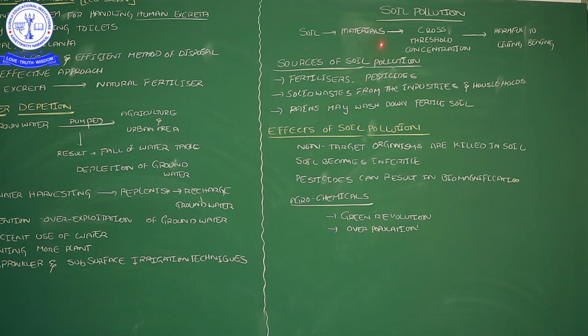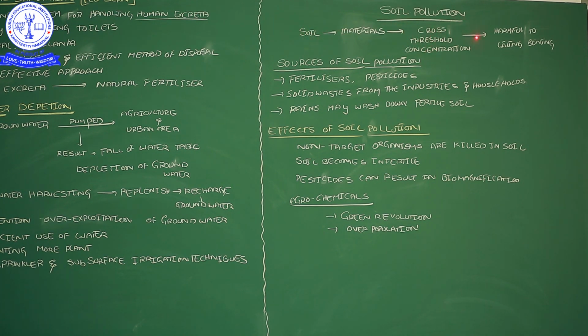When the concentration of those materials in the soil crosses the threshold concentration, which means the concentration that is useful for life sustainability. We are discussing soil, and the soil contains materials that always need to maintain a certain concentration. That certain concentration we call the threshold concentration. If the concentration increases or decreases from the threshold, it is a disturbance of the threshold concentration of the materials in the soil.